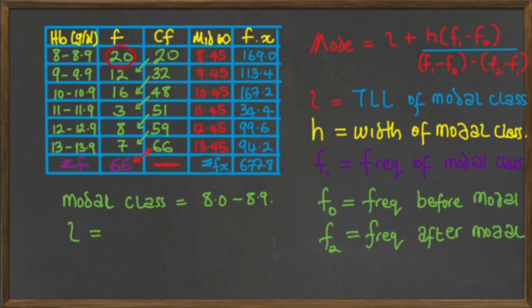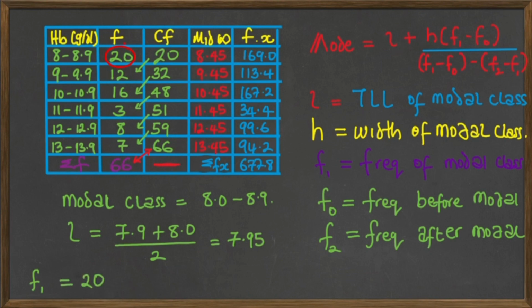In order to find the true lower limit, we're going to have to add them together. Even though there's no preceding class, if there were, the upper limit would be 7.9, so it would be 7 to 7.9. We're going to add that 7.9 to the lower limit of our modal class, and divide that by 2. So we'll have 7.95. So our L is 7.95. All right, I hope this is clear.